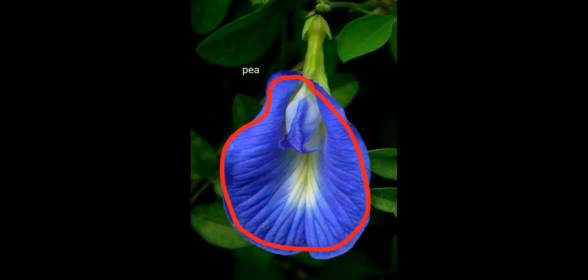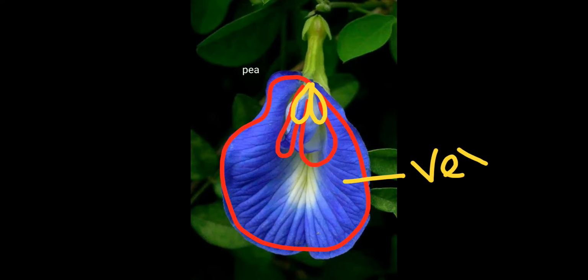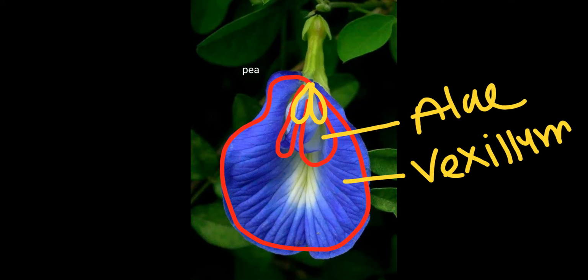Inside that, over here, two medium size, and inside that are small size. Exactly I can't say, but here suppose these two, and then over here two small petals. So in a way, total 5 petals are present, right? The largest one we call vexillum or the standard. This is ala or wings, and these are keel.